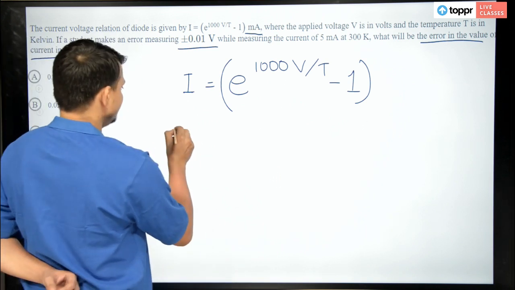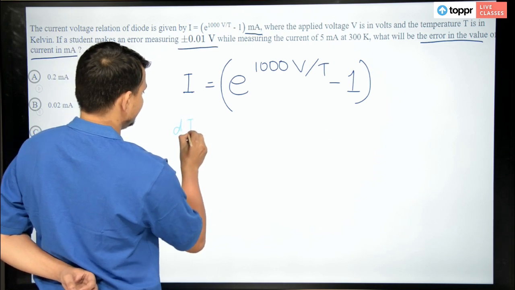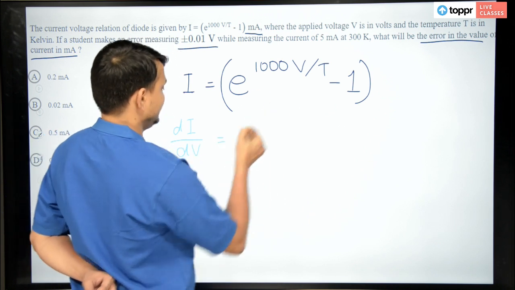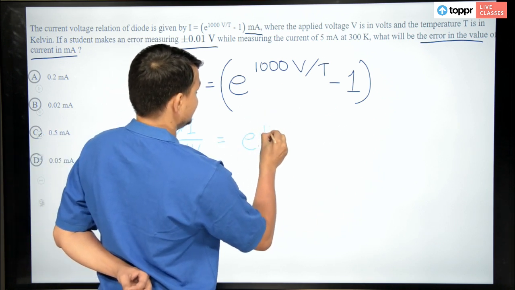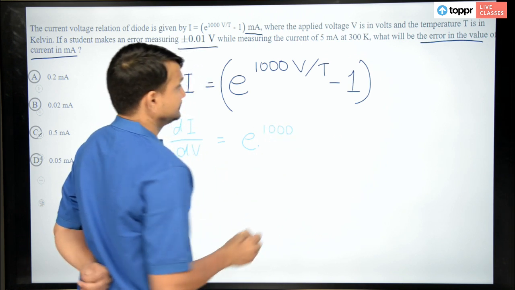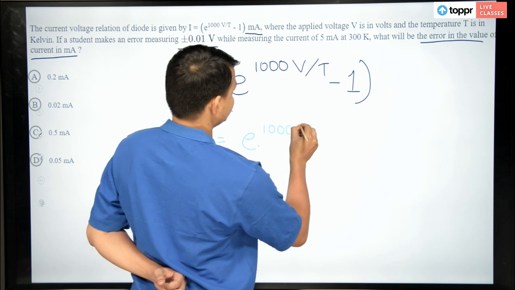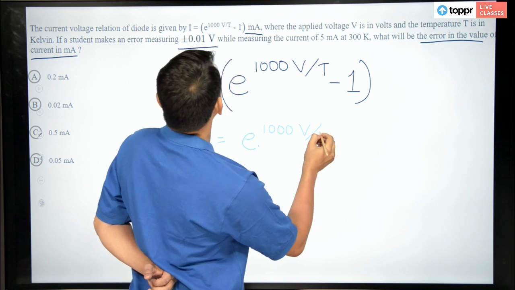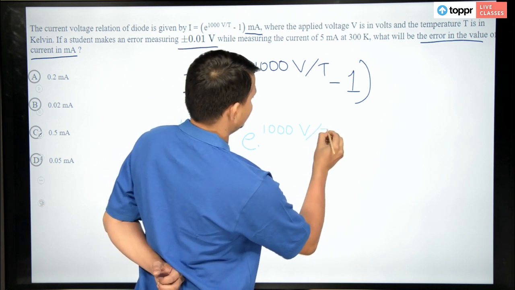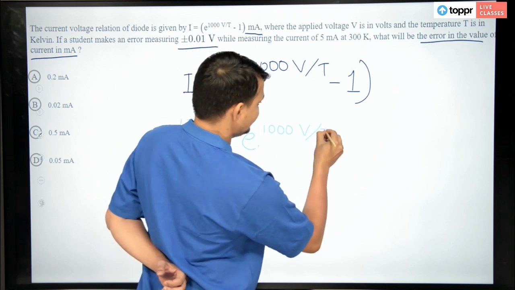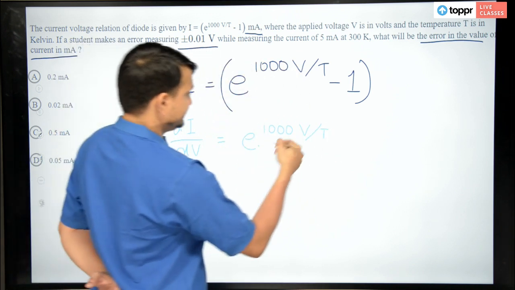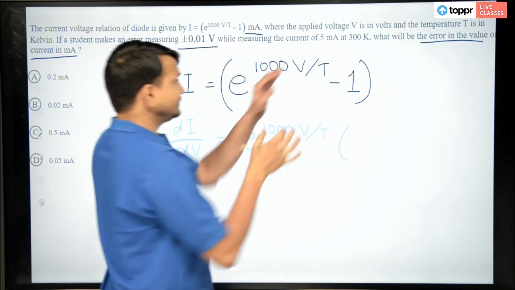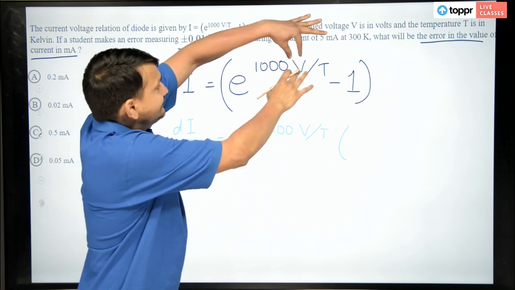Okay, so dI by dV is equal to e to the power 1000 V by T, times 1000 by T, because we are taking whatever is multiplied with V here.